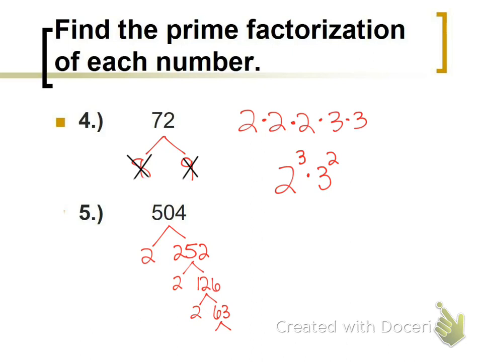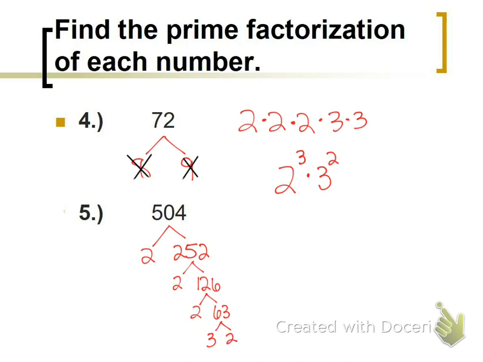You've got a couple options. 3. 3 times what would give me 63? How many times does 3 go into 6? 2 times.